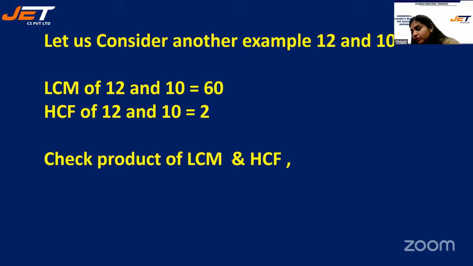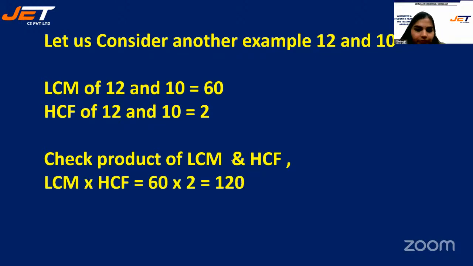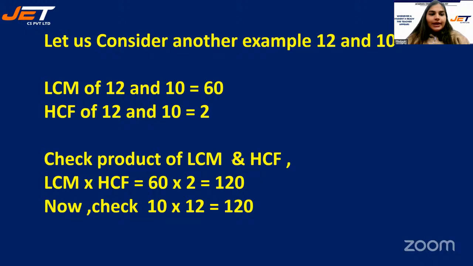The product of HCF and LCM here is 60 times 2, which is 120. And the product of the two numbers, 10 and 12, is 120. That means both of them are equal. So, I was talking about this relation. Okay? I hope it's clear.